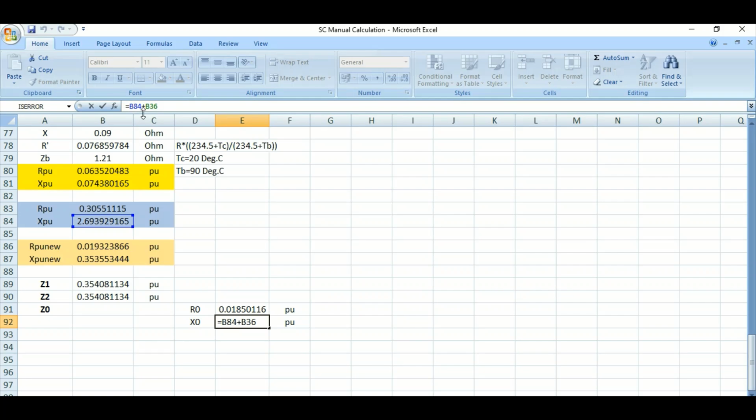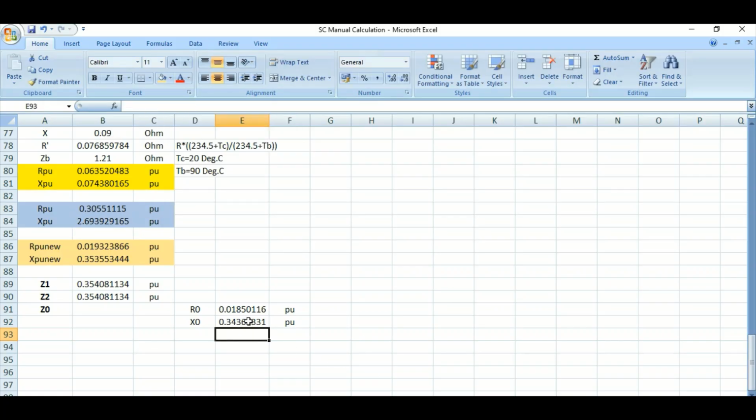And here also, because this should be in parallel, B84 multiplied by B36 divided by this.